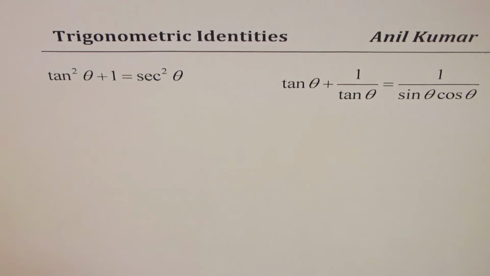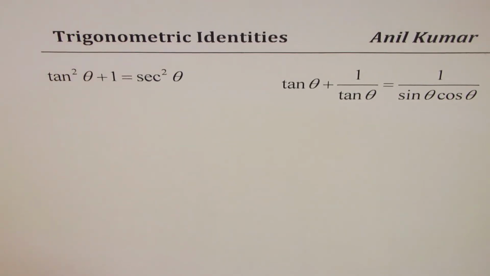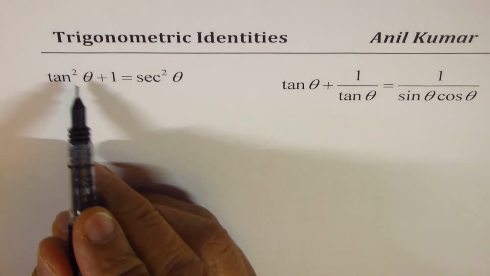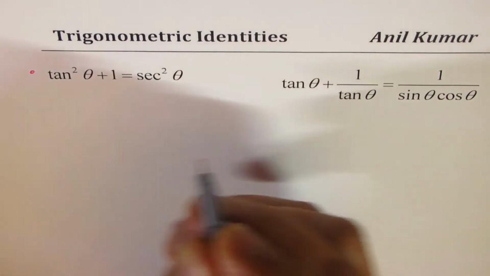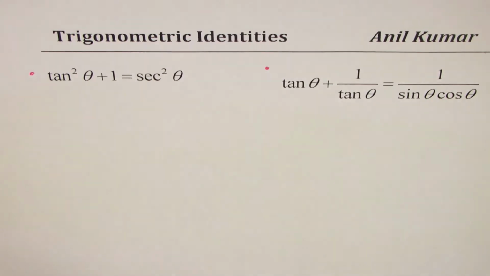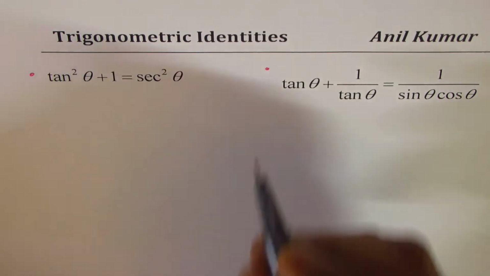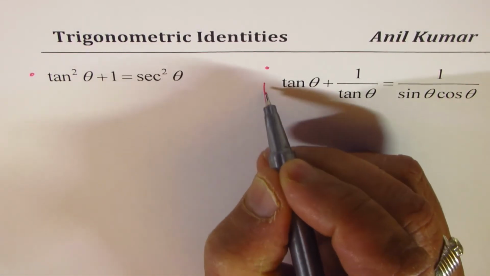Now we have one trigonometric identity: tan squared theta plus 1 equals secant squared theta. The other one is tan theta plus 1 over tan theta equals 1 over sine theta cos theta. So let's make our right triangle here.